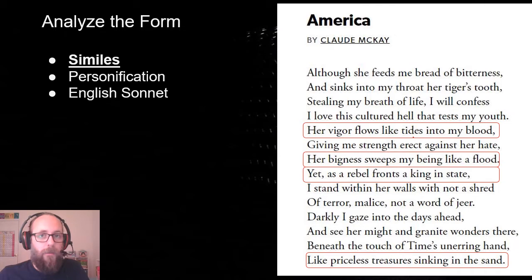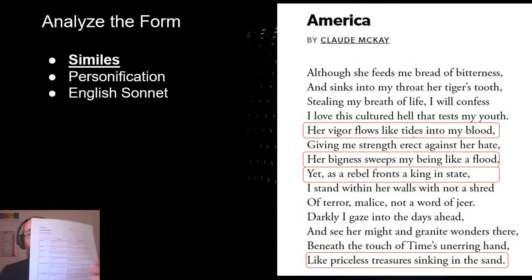By the way, here's what I want you to do. I didn't give you this instruction, but you see this little worksheet right here? You should be working on this sheet, America. Since we've reviewed these similes, I want you to go ahead and copy the line into simile 1, 2, 3, and 4.